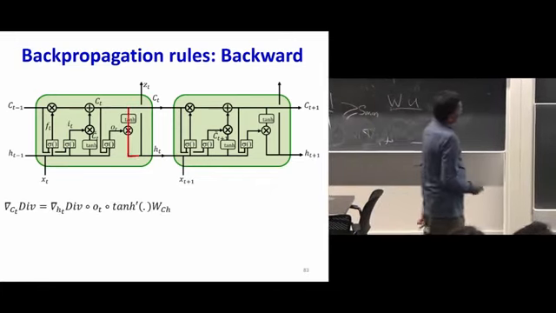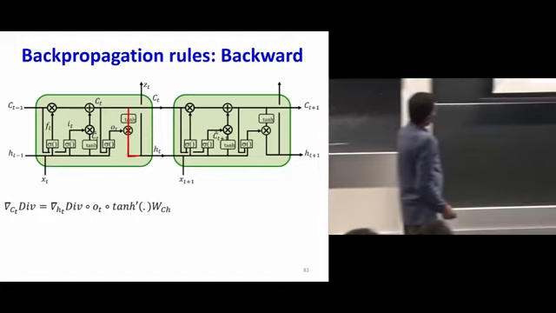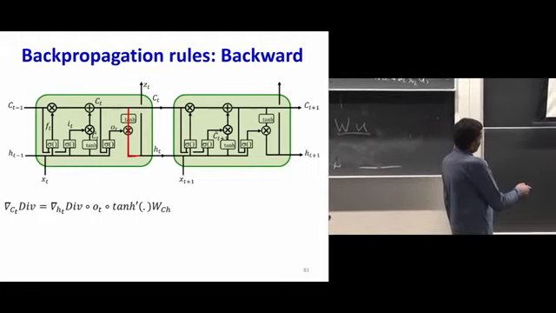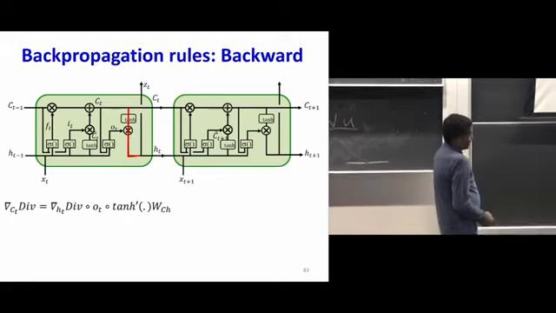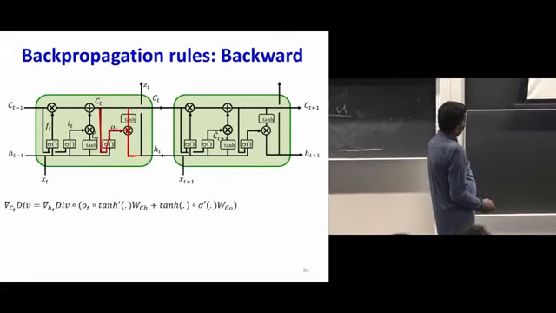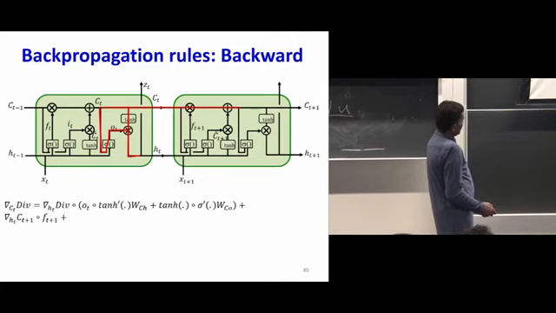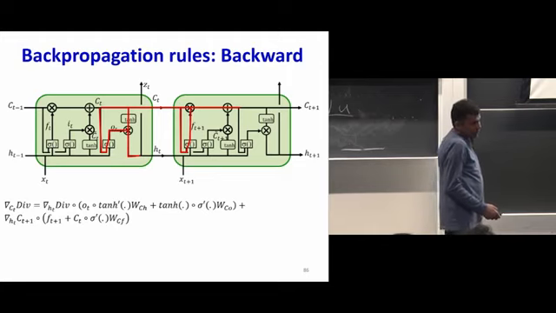But let's take a look at how I can compute the derivative of the divergence with respect to some C_t. So here are all the various paths. This one, and then this one, and then this one, and then this one, right? That's just for C_t.